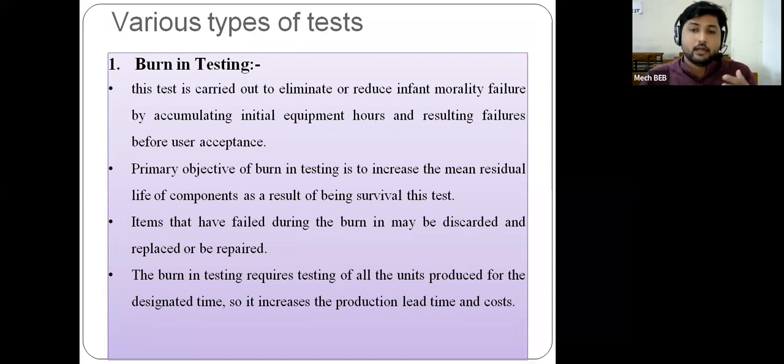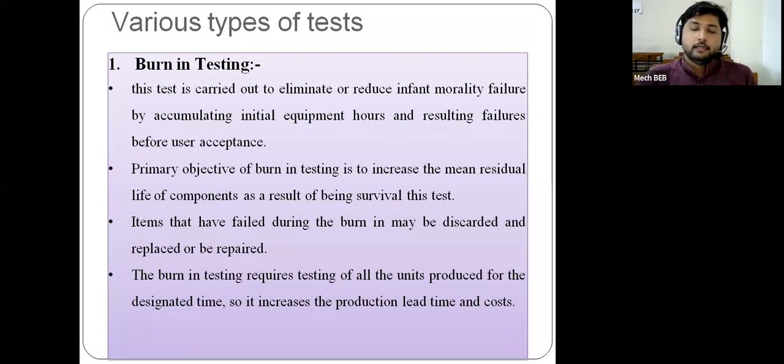Those that are unable to achieve the standard, or fail during this testing period, are once again provided for rework or improvement. Repairing or rework purposes, they are sent back to the factory.